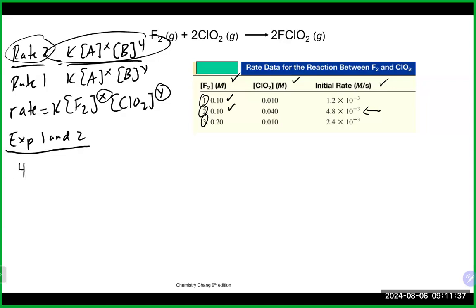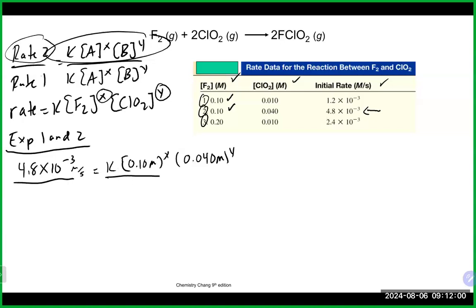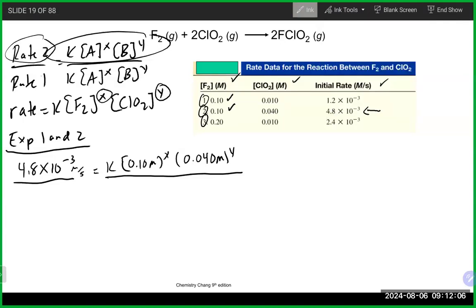That means we have 4.8 times 10 to the minus 3 is equal to K times our concentration of A, which is 0.1 molar to the X, and for our B, 0.04 molar to the Y. Everything that I put up on top is all the information for experiment 2. You don't want to mix and match here.